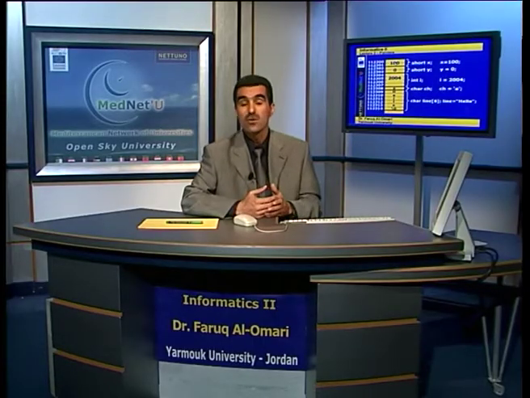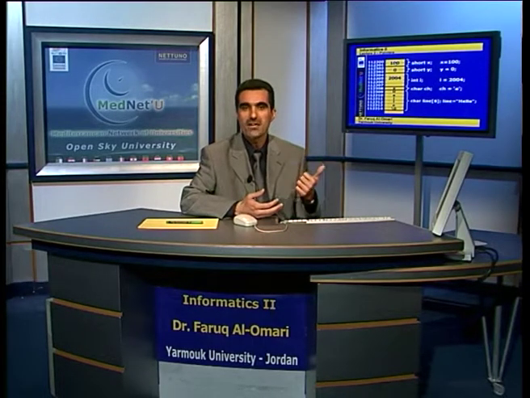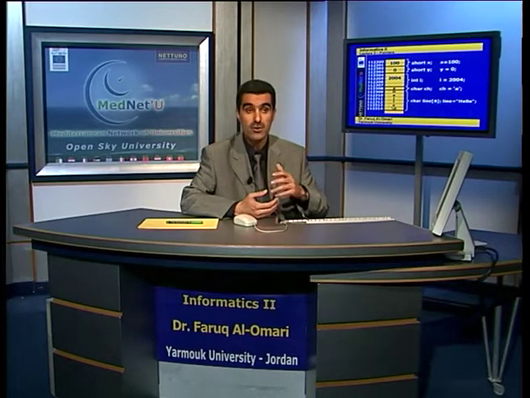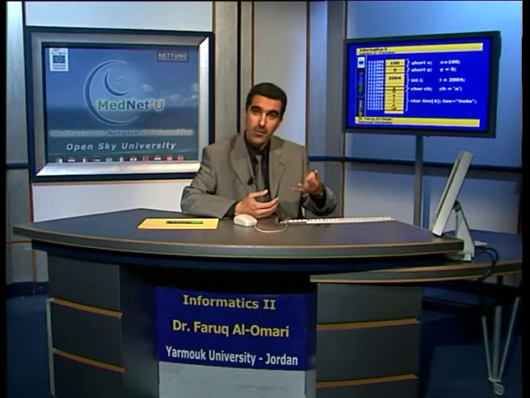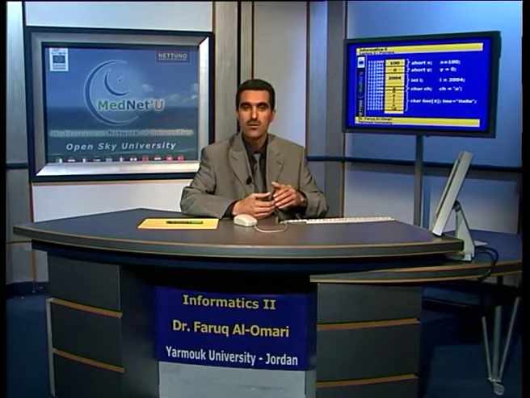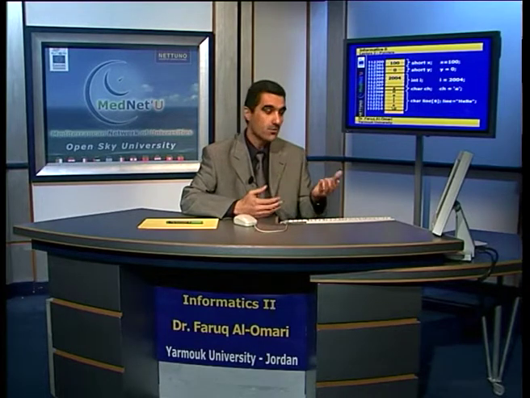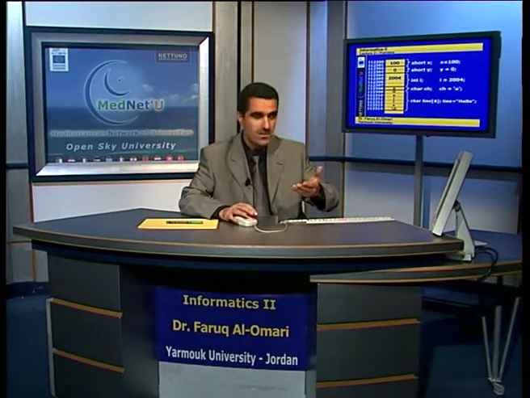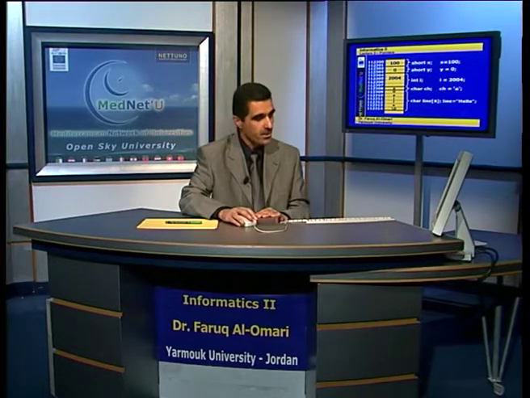Now my data could be by nature 1 byte long, like a character, or could be more, like an integer. An integer could take 2 bytes or even 4 bytes, depending on whether I'm defining in C a short integer or an integer, or I could have a floating point number, a real number. In that case, it takes more bytes. Let's see some examples in here.